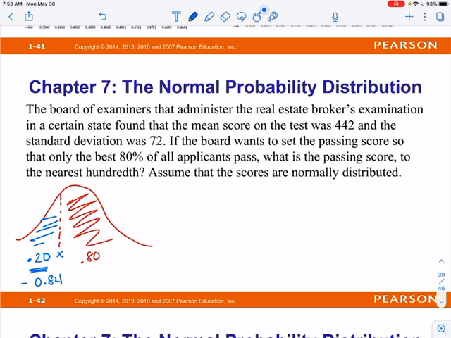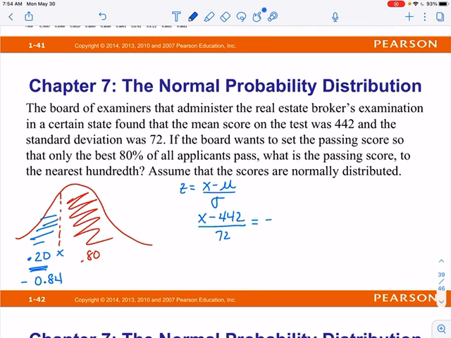So again, I'll start with my z-score formula, and I'll write it one more time just because this one's a little bit different. The z-score is x minus mu divided by the standard deviation. Again, we're looking for x. Our mean is 442. Our standard deviation is 72, and we just found that the z-score is negative 0.84. And now we'll just solve this.